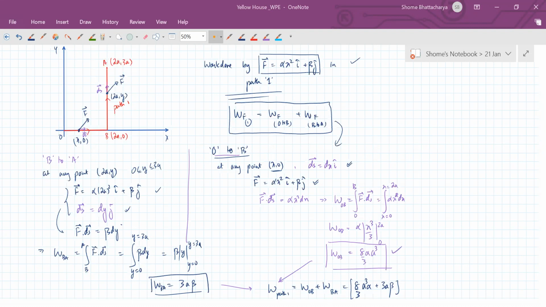Now, after you have noted this down, apply the same method for the second path, which I had shown. That is path 2, where you were first going vertically and then horizontally.